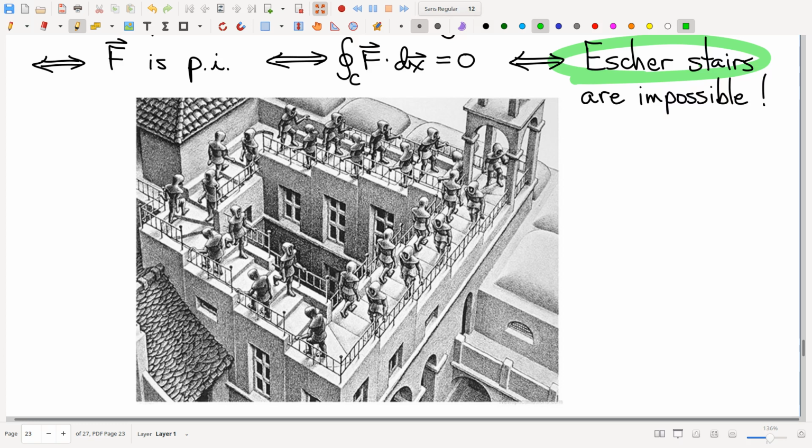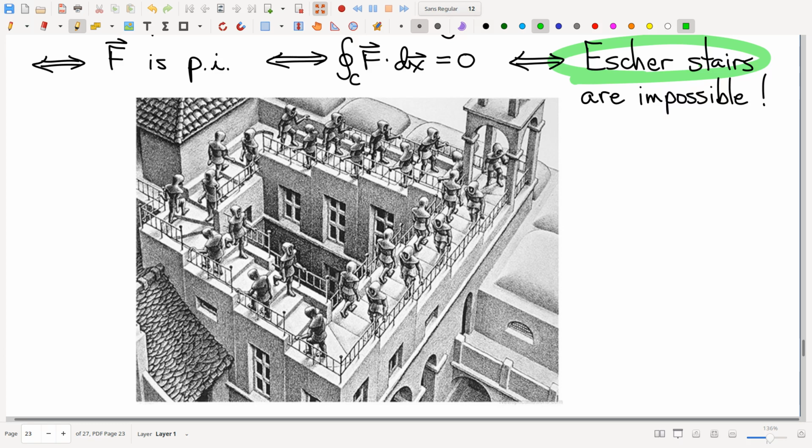But one of his common themes is geometric illusions, geometric impossibilities that he can make in the drawing look possible, even though in the real world it's just not at all possible. And this one here with the stairs actually is a lovely example of this result that we've got here, which is ultimately about path independence.